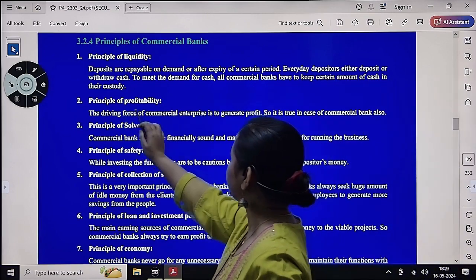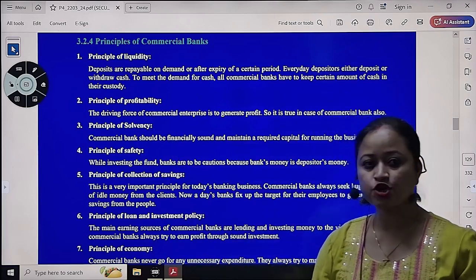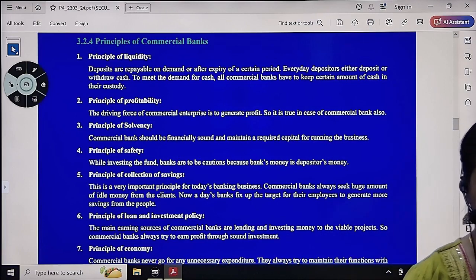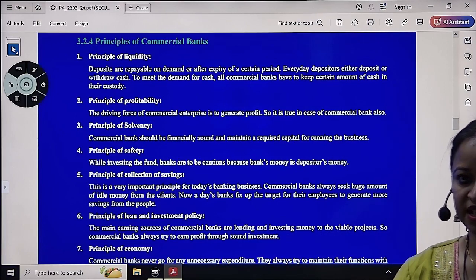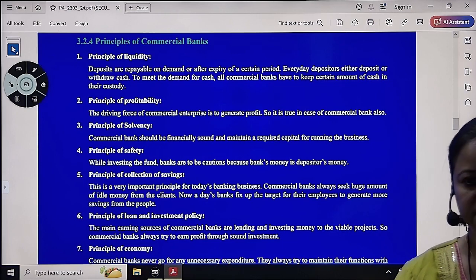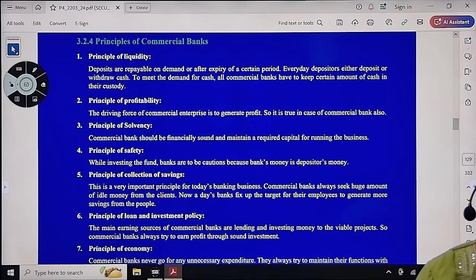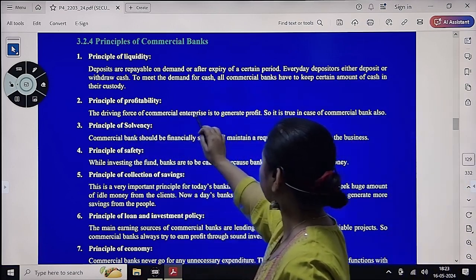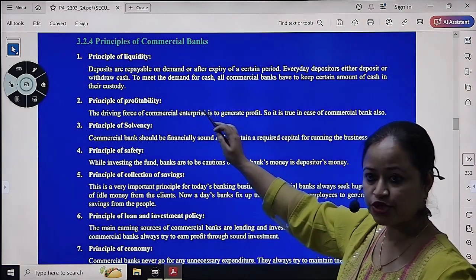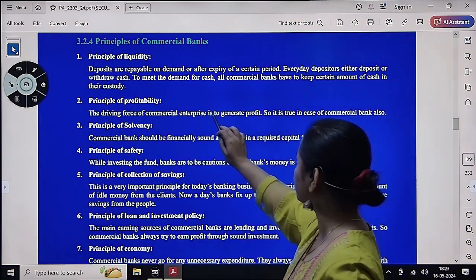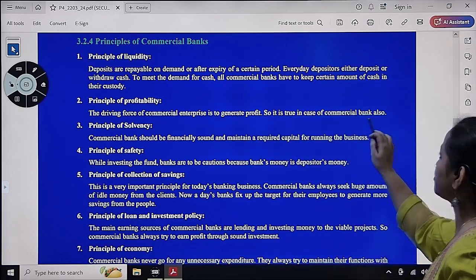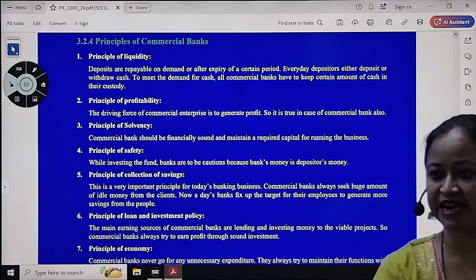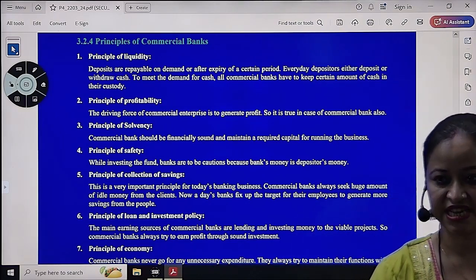Next is principle of profitability. Banking is also a business. All the banks, public or private, are sitting to do business, and when we talk about business, that means profit. The driving force of commercial enterprise is to generate profit. Whenever a customer deposits money, the bank gives around 3 to 4% in a savings account.